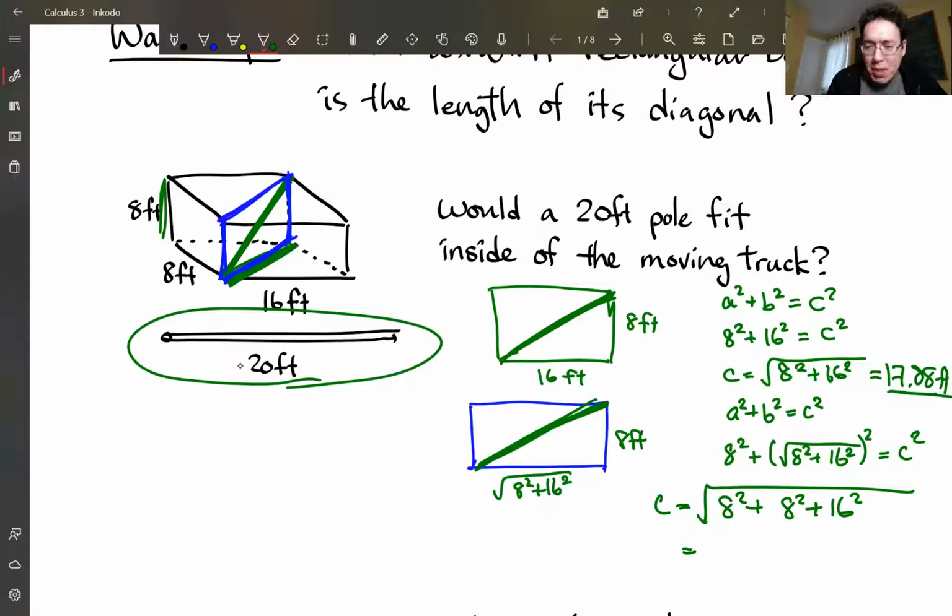And I get 19.59 feet. Okay, so unfortunately, it looks like the 20-foot pole doesn't fit.